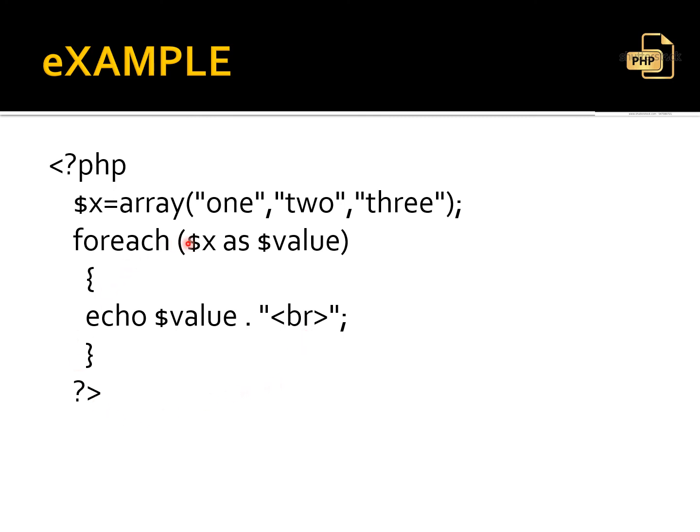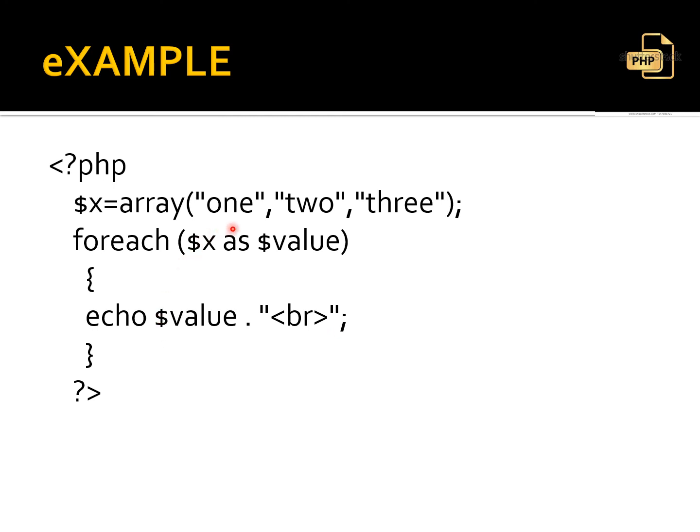In the second iteration, $x is the array, and $value already has the first element. Now $value will point to the second index location, where the value is 2. So echo $value means 2 will be printed, and after that the next line. br stands for next line.